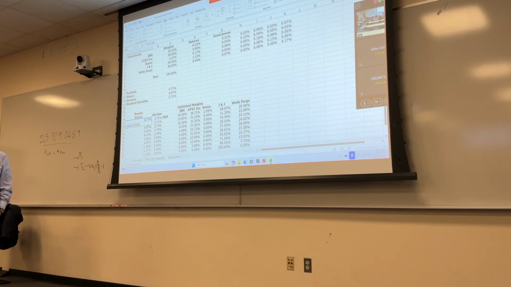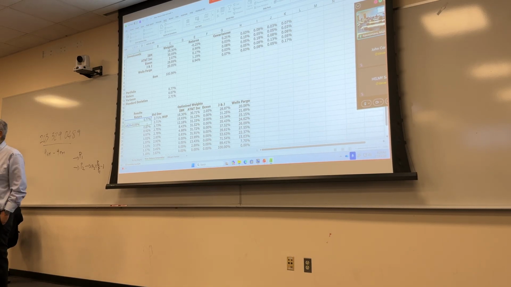In a portfolio where you can only have long positions, the maximum return you can ever get is the same as the return of the stock with the highest return. There's no other way. If we, for example, allowed short positions, then we could borrow money to buy more stocks. Then it's a different story.